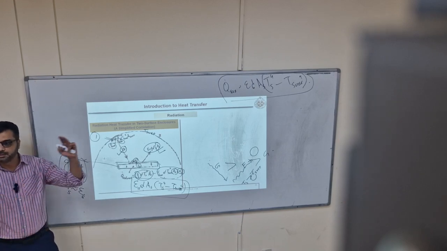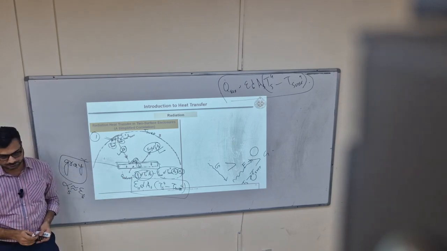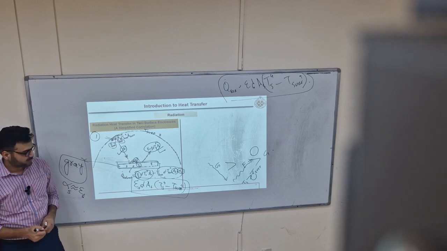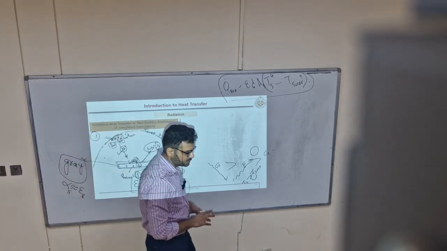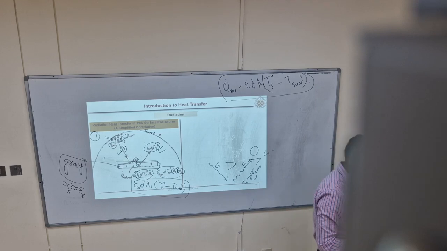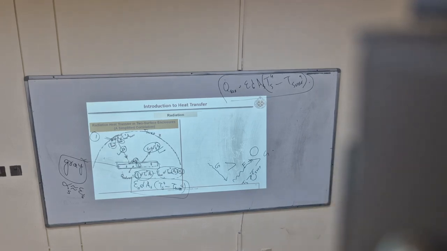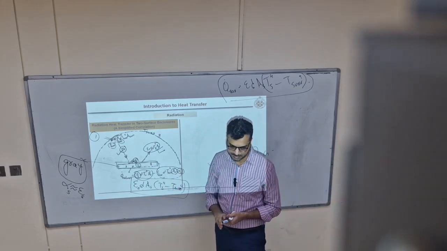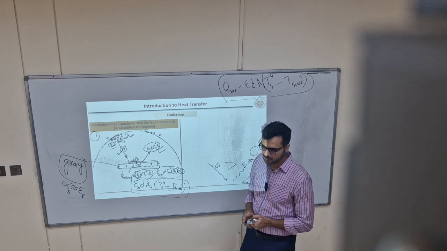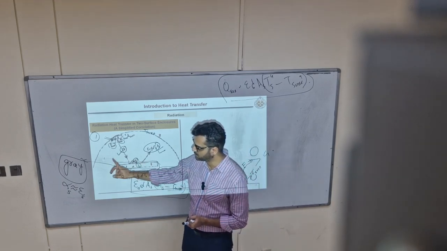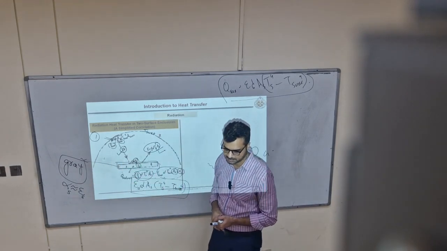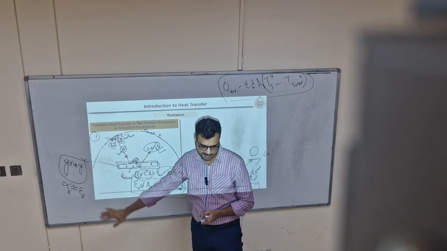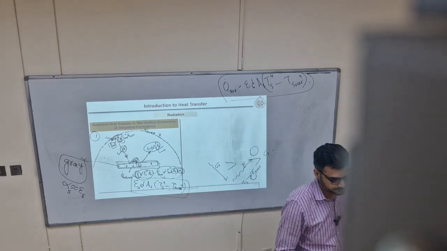And one body is completely surrounding the other body. So this equation will be used to solve radiation problems in chapter 1. But we should know that there are certain assumptions. One is that we are assuming a gray surface. Second, that the surrounding surface is a black body.